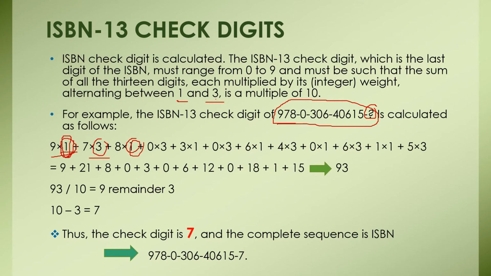We get the sum of 93, and then 93 is divided by 10, giving us 9, remainder 3. This remainder 3 proceeds to our next process. It is subtracted from 10, giving us the check digit of 7. So we tack it on the end of our ISBN.